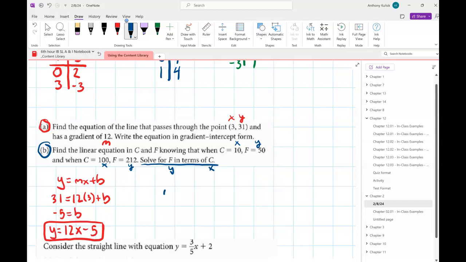Very good, the slope. So write 212 minus 50 over 100 minus 10. So what is that? That is 162 over 90.